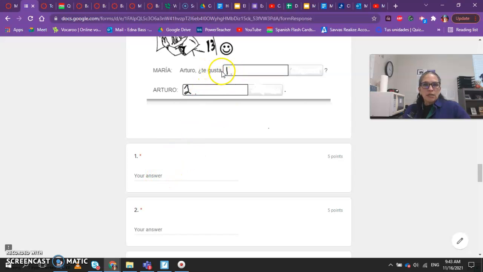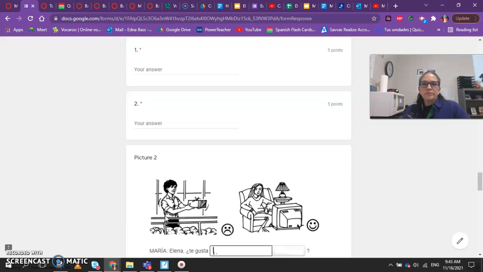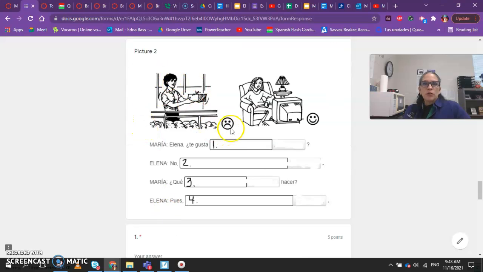Because it's a continuation of the question, then you know that it doesn't have a capital letter. And this one is different because it's an answer, it ends in a period, so the period is right there. So just answer starting with a capital letter. Same for picture 2, you have one frowny face and one smiley face, so you're going to go with this conversation.